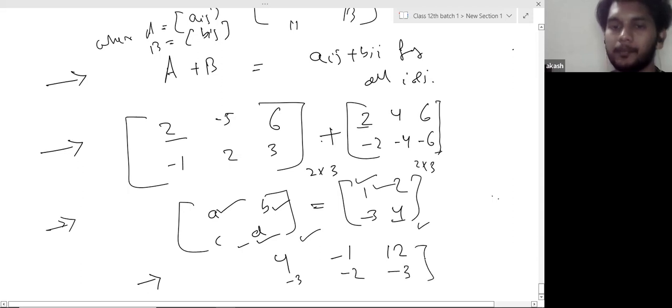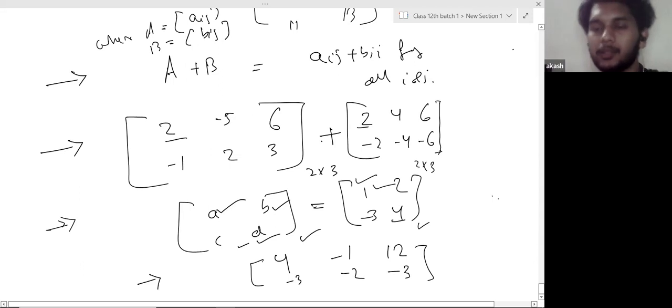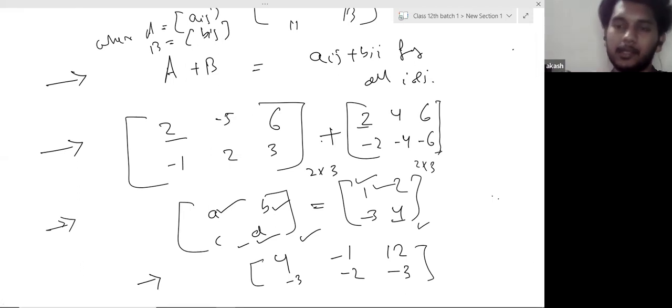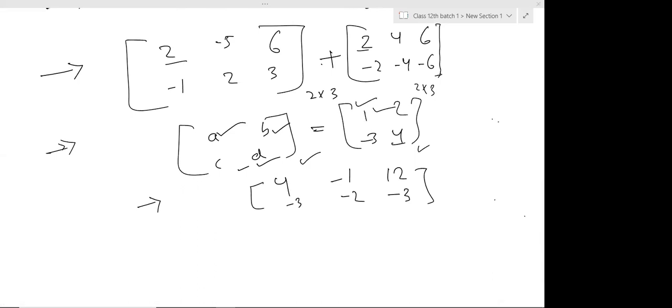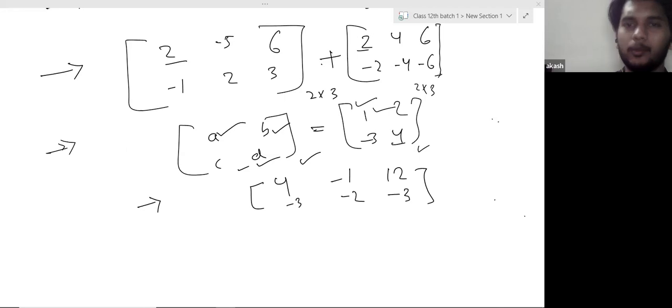I just added each corresponding element. So that is the addition of matrices. And all of you, the answer matched? This is a no-brainer, addition of matrices.